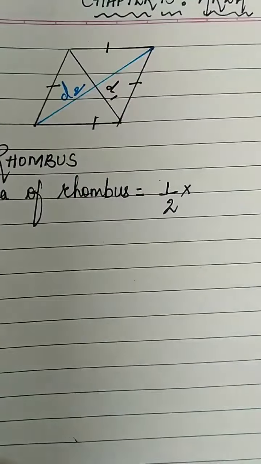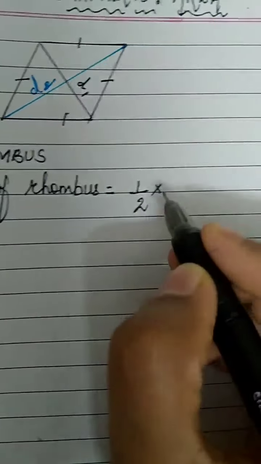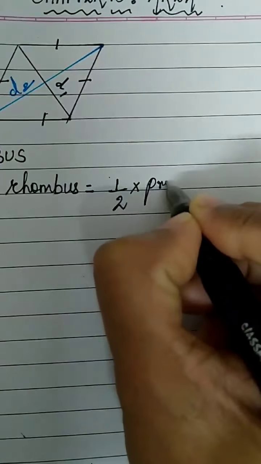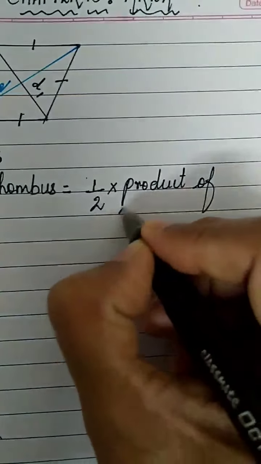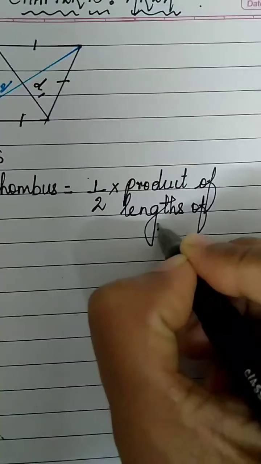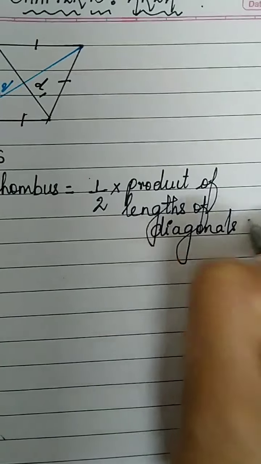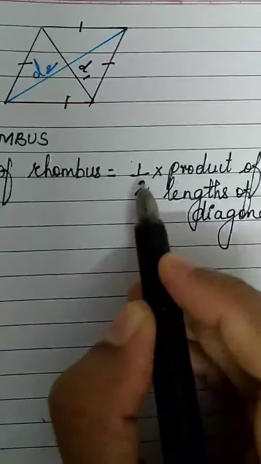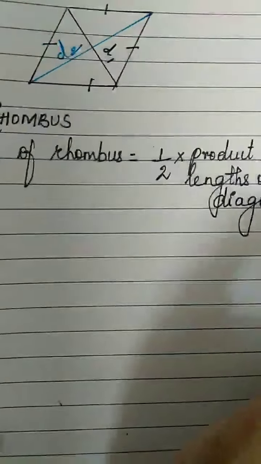So, for this rhombus, area of rhombus is equal to half into product, means multiplication, product of lengths of diagonals. Just multiply the lengths of the diagonals and divide by 2. Half into product of length of diagonals.